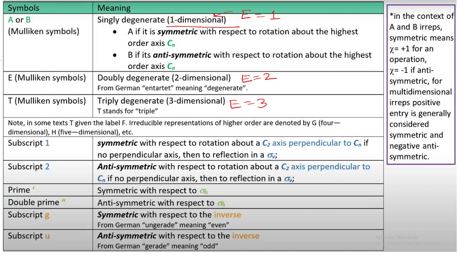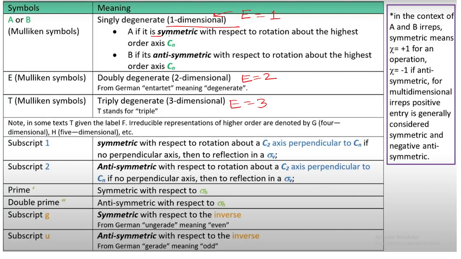Let's say there is some character table given in which under the symmetry operation E the character is 1. Now we know the symbol should be either A or B. How will A come? The next step is we will check the character under the principal axis.